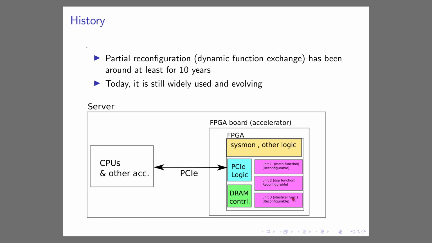And then the function will be exchanged dynamically through the course of operation of the system based on the requirement that the customer has. So you see how important it is to make partial reconfiguration as simple as possible and to have easy to use software for partial reconfiguration. And this is what's happening today.